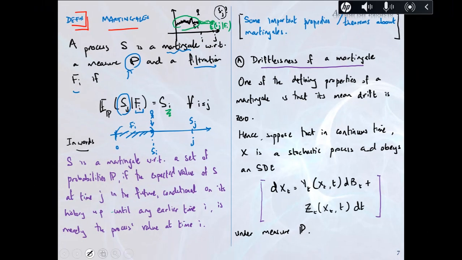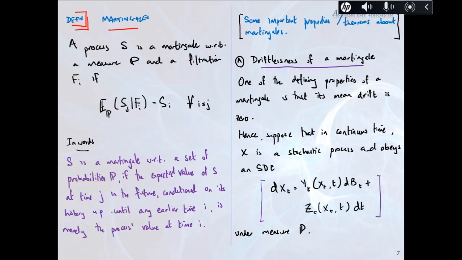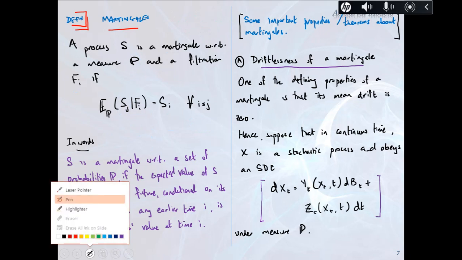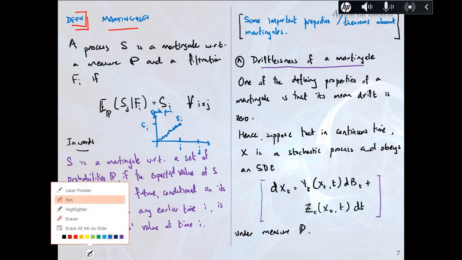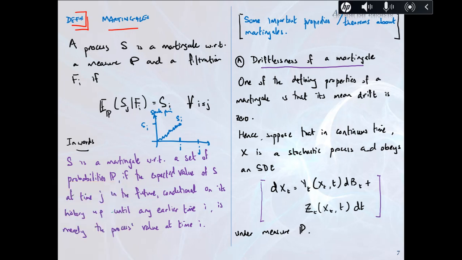Perhaps to get it clearer, I can give a counterexample, a process like this. Here it is the price at I, so it is Si, on the vertical axis, the stock price. Now at J, without considering the martingale approach, I think you will agree with me that if I take the trend, Sj will be around here.